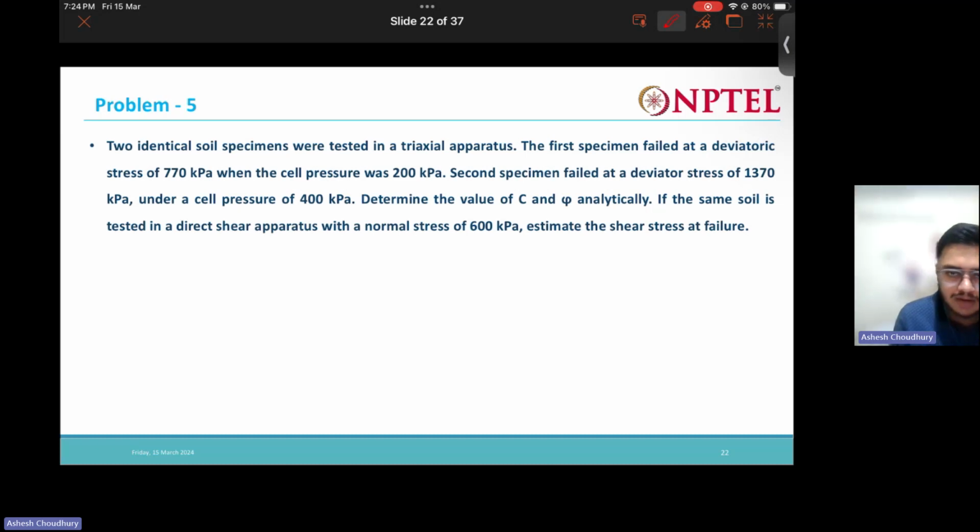First, let us determine c and phi. How do we get it? We have two sets of values, so we will have two equations of this basic equation. Then we can solve these to find c and phi. Very simple approach.